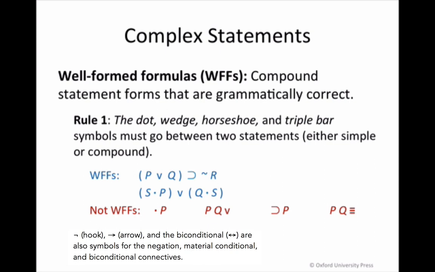You know that P stands for some simple statement, but put them together in that way and you have no meaningful statement. The second attempt says PQ disjunction. The third attempt says horseshoe P. Maybe if you want to be charitable, it says then P. And then lastly, we have PQ triple bar, or PQ if and only if. So you can see that there's nothing grammatical about any of these sentences.